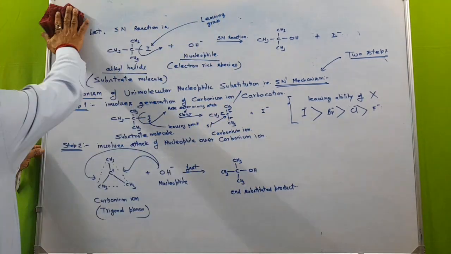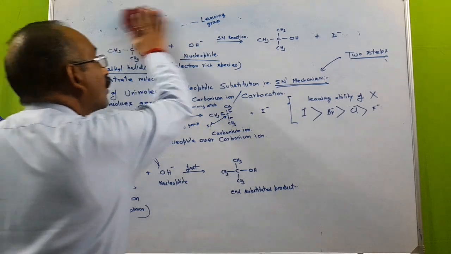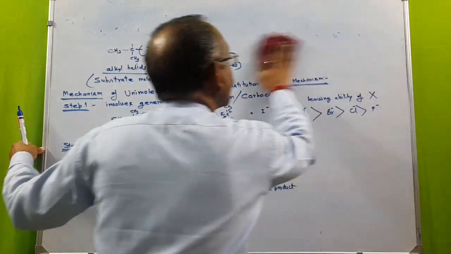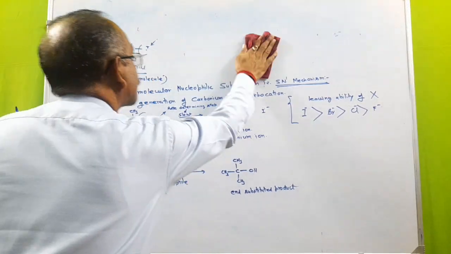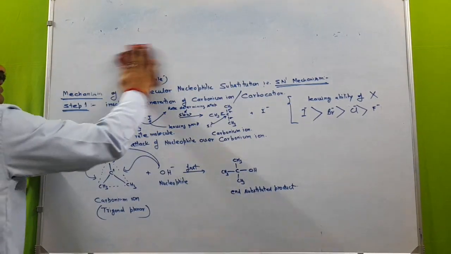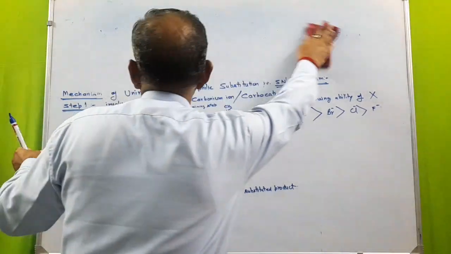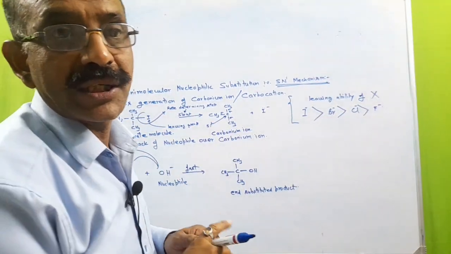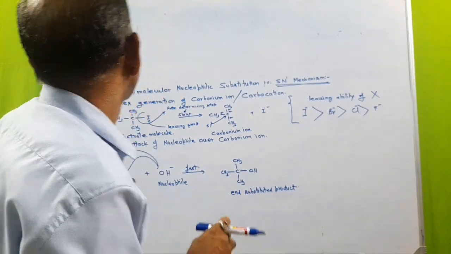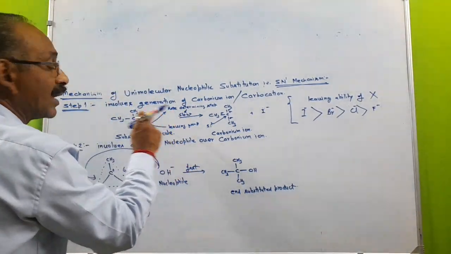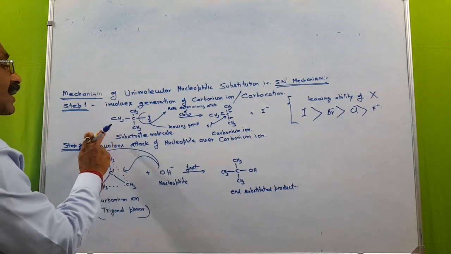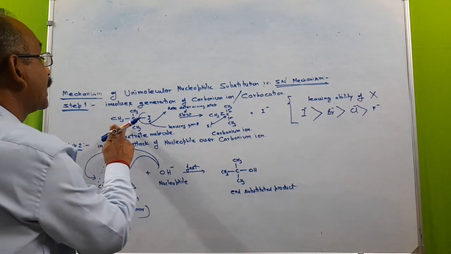And now as we know, according to the law of mass action, the rate of reaction is proportional to the molar concentration of the reactants. So here in step 1, the reactant is our substrate molecule, means alkyl halide.